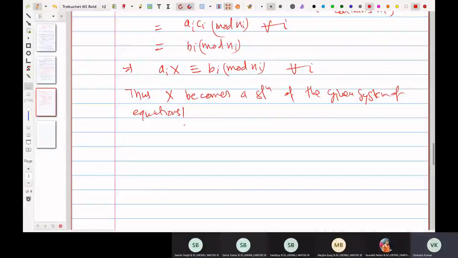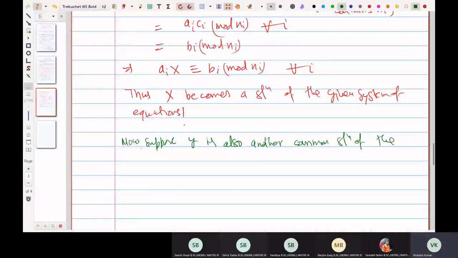Now suppose Y is also another common solution of the given system of equations.